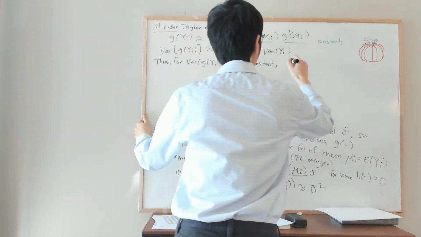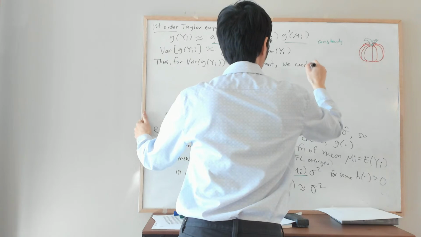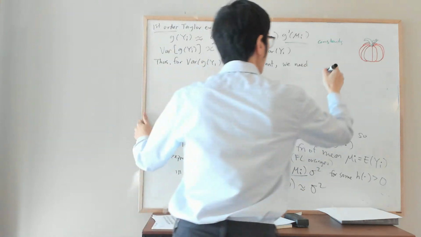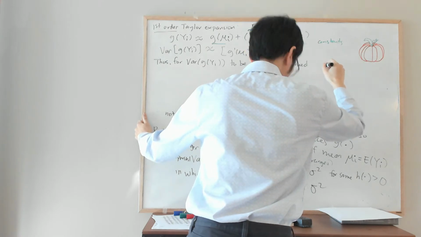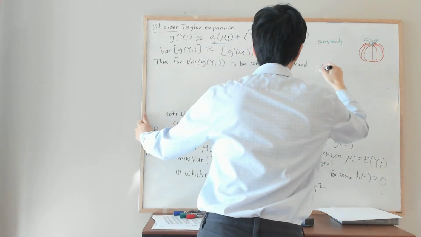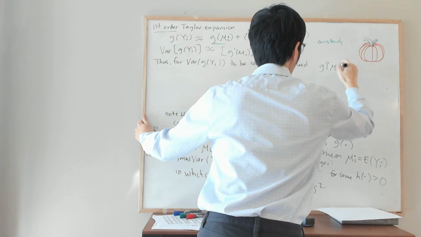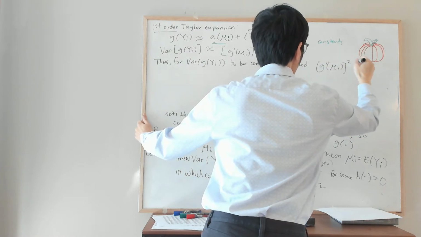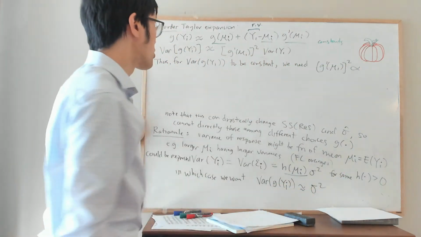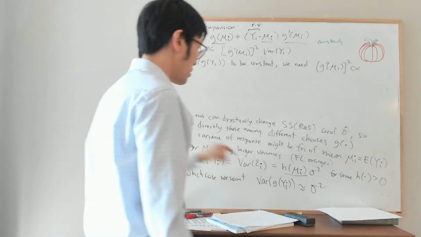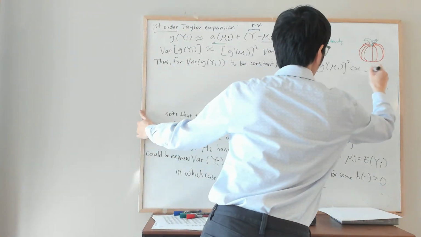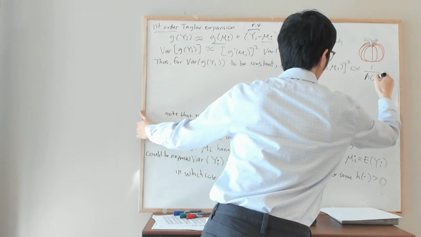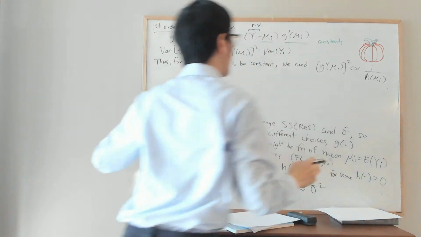So we need g prime of mu i squared to be, at least up to a constant of proportionality, canceling out this structure, so it needs to be proportional to 1 over h of mu i.